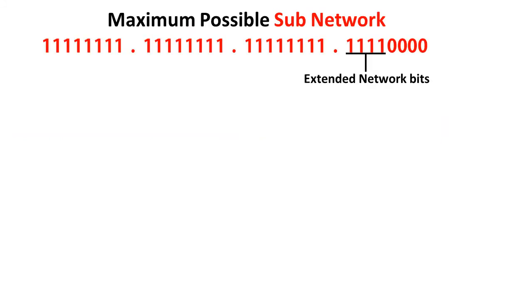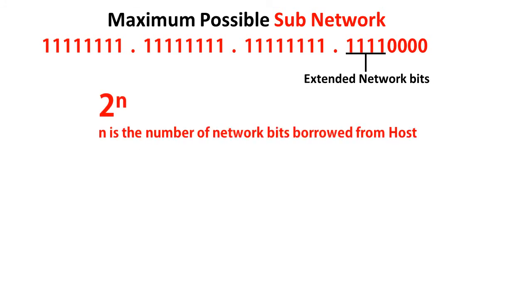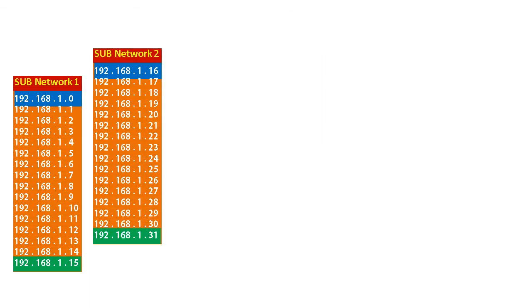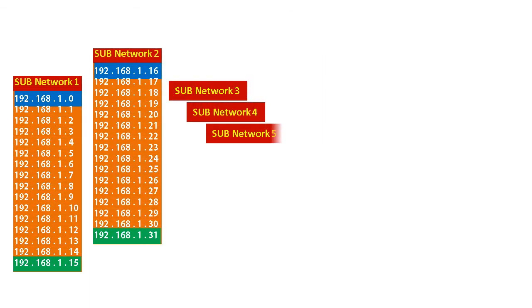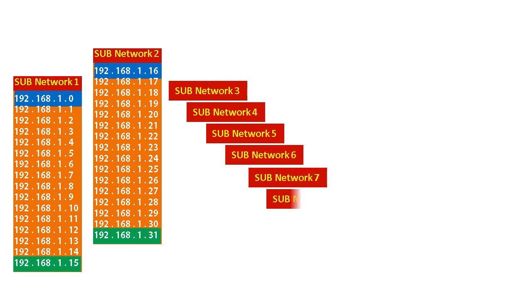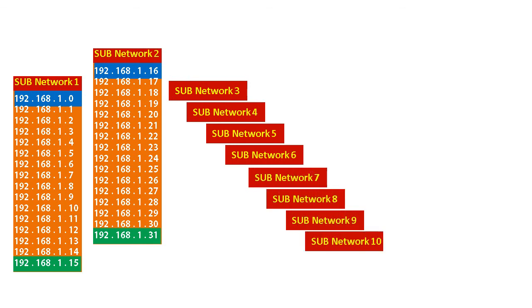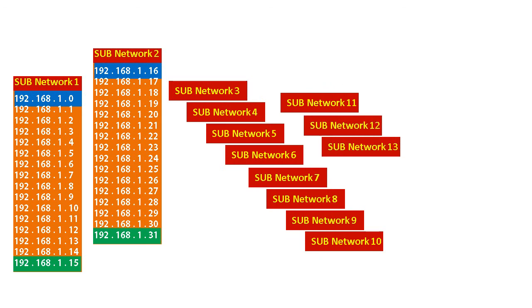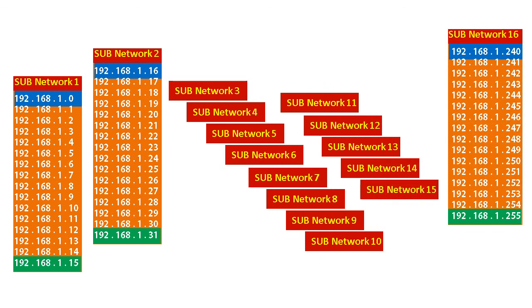Now let us discuss how many subnetworks can be made in this class C category network IP address. That is 2 to the power n, where n denotes the number of bits borrowed for the network space from the host space. It will be 2 to the power 4, resulting in 16 different subnetworks possible in this class C category IP address, having 14 hosts in each subnetwork along with one network identifier address and one broadcast address for each subnetwork.